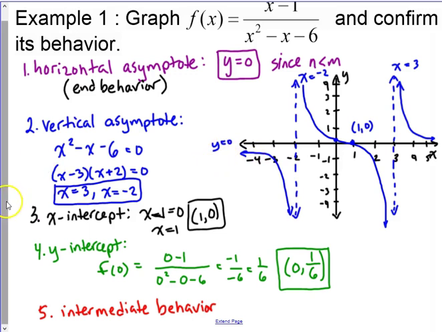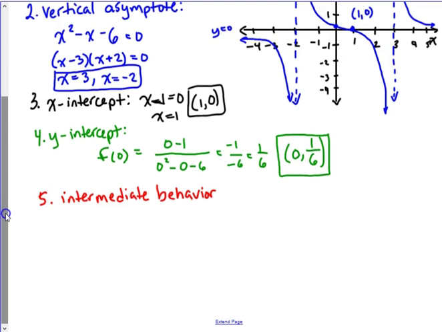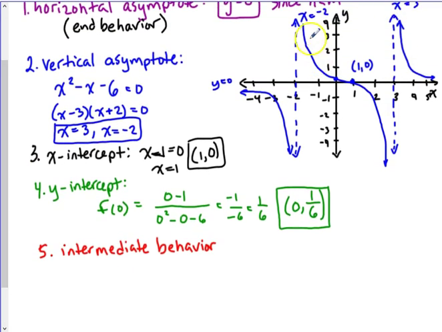And now we're finally ready to state the intermediate behavior, just talking about what's happening near our vertical asymptotes on either side of them. So what we're going to say is, as x approaches -2 from the left, what's happening to f of x? And then as x approaches -2 from the right, and I indicate that with a little plus superscript on the -2, what's happening to f of x?